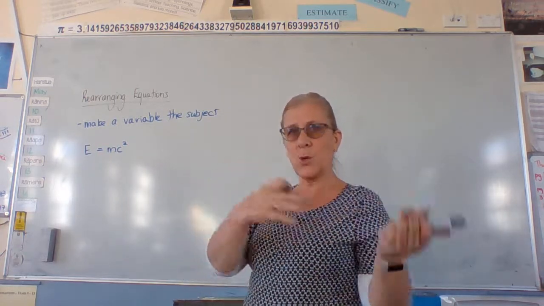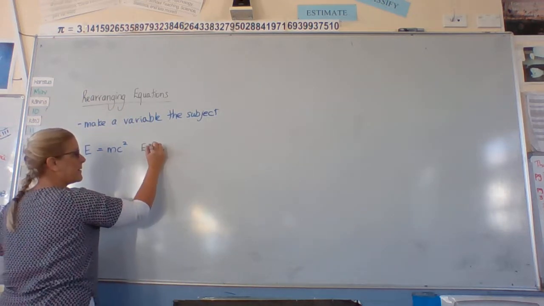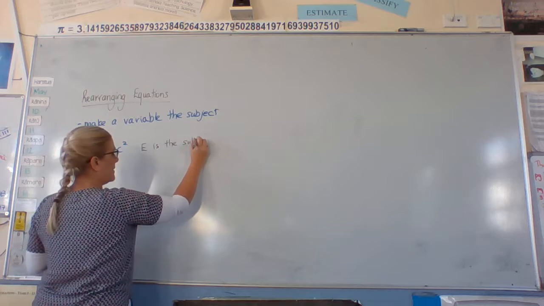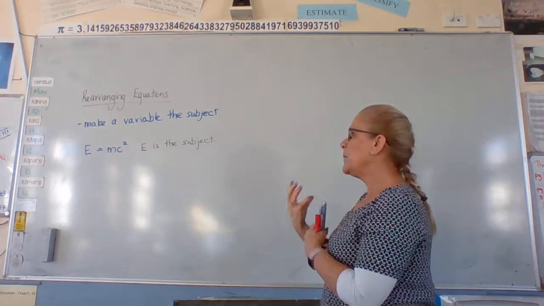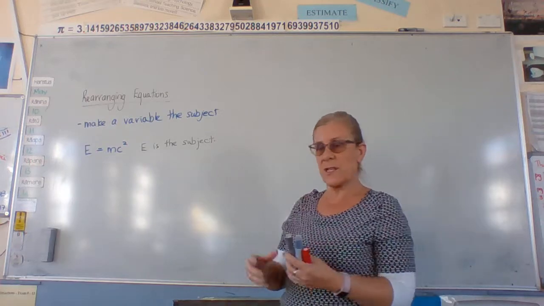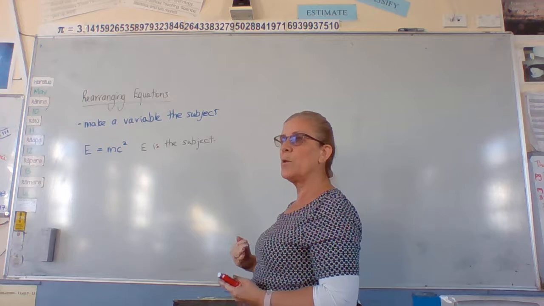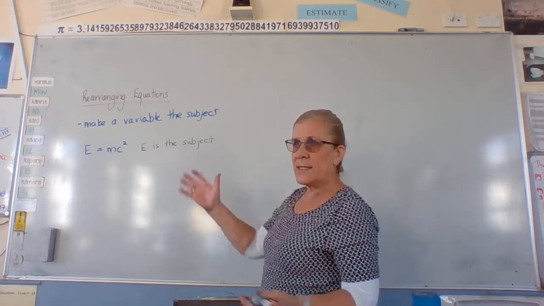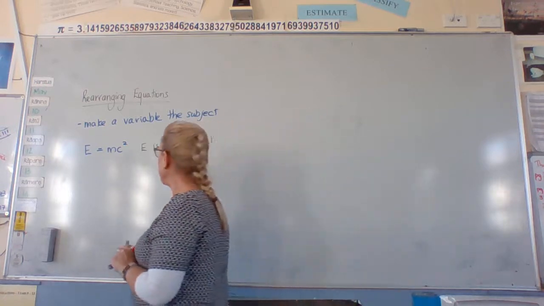It's the thing that it's talking about, E standing for energy. If we were going to rearrange this, we would be looking at M or C becoming the subject. So we want to know how much the mass, or whatever the C stands for, is in comparison to the other two variables.